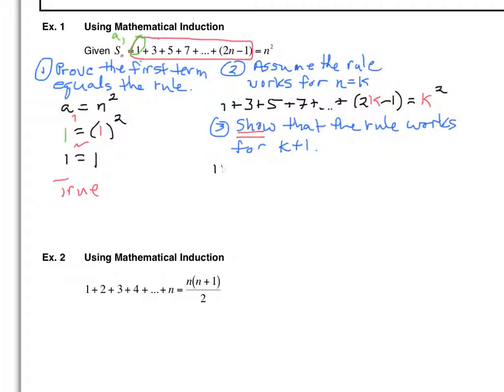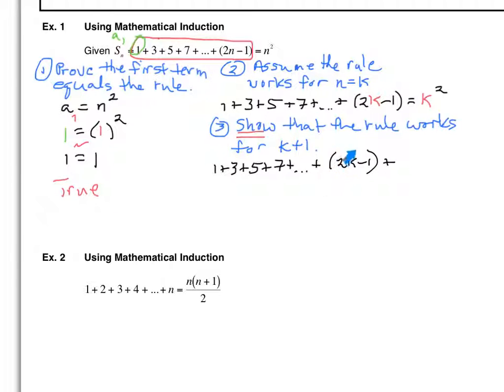So we've got 1 plus 3 plus 5 plus 7 plus ... plus, parentheses 2k minus 1 and parentheses. Then you're going to put plus, then we're going to do the next term. The next term after this, wherever you see the k, what's the next term after k?